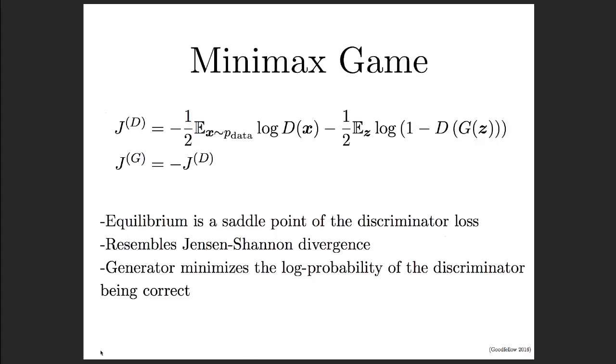And then we have another term where the discriminator is aiming to maximize the log probability of assigning 0 to the fake samples. When we look for an equilibrium point to a game, it's different than minimizing a function. We're actually looking for a saddle point of J superscript D. And if we're able to successfully find this saddle point, the whole procedure resembles minimizing the Jensen-Shannon divergence between the data and the distribution represented by the model.